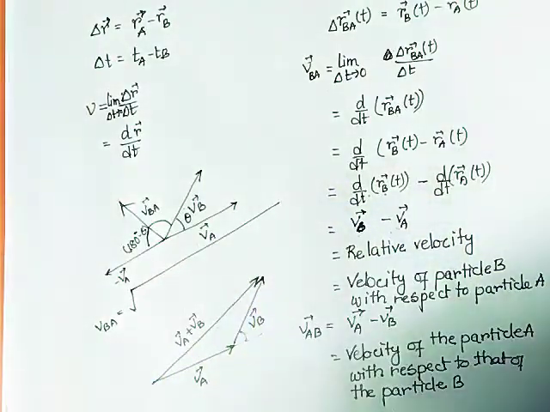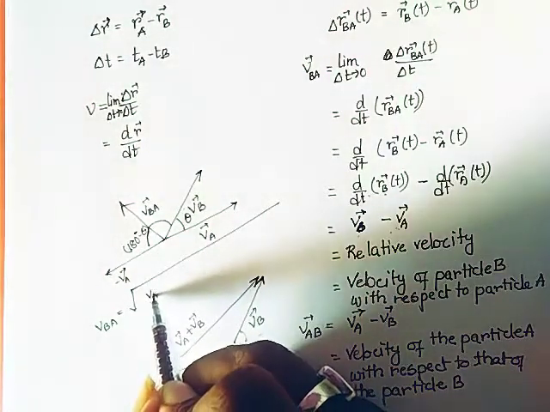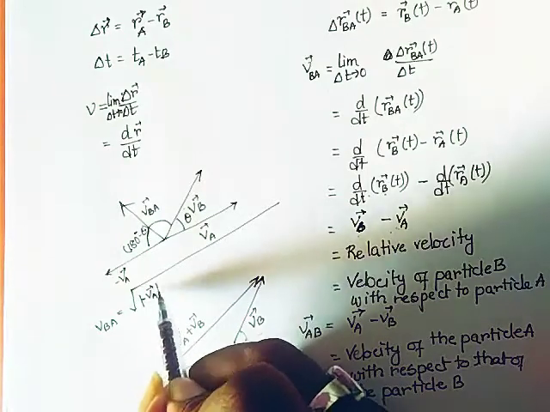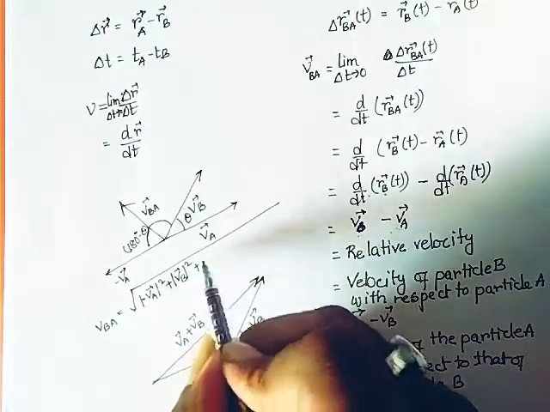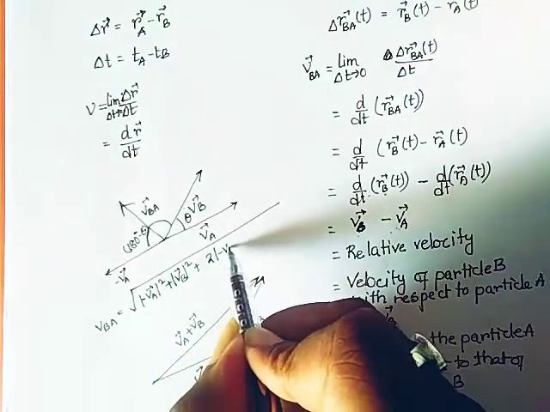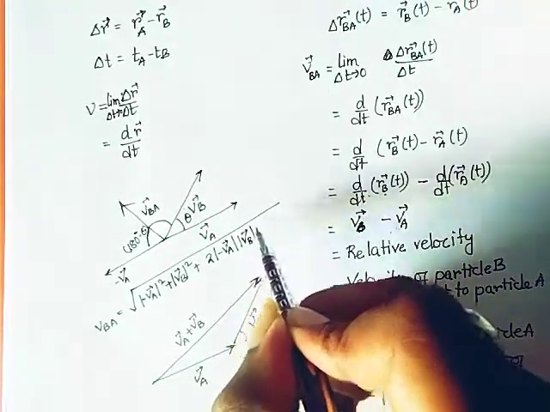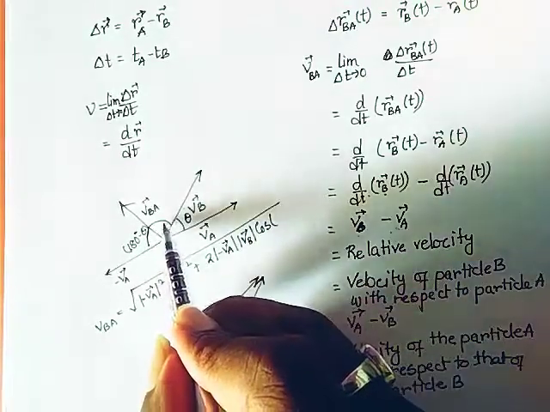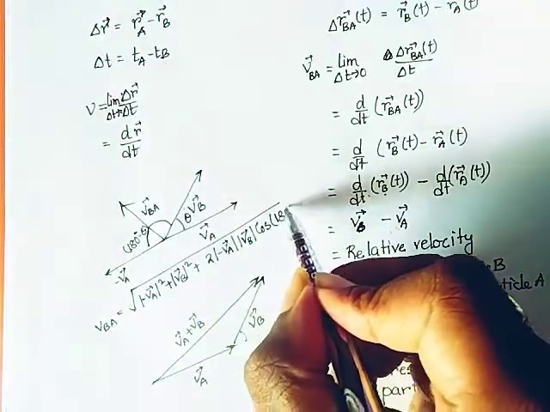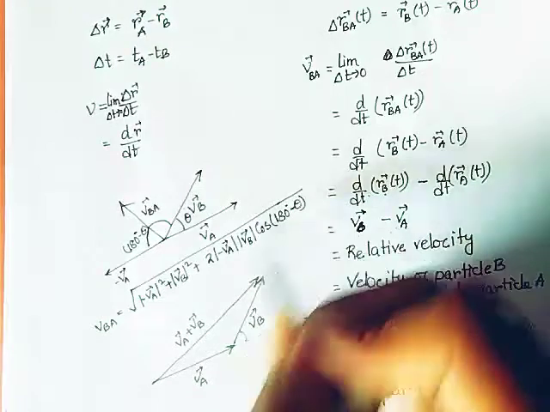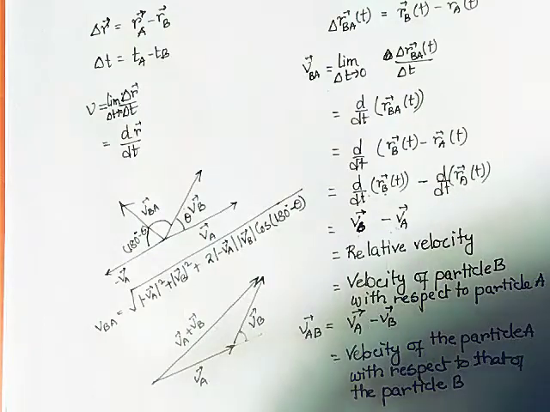We know that C equals root over of A square plus B square plus 2AB cos theta, and that will be VA magnitude whole square plus VB magnitude whole square plus 2 of minus VA and VB, obviously vector magnitude, after that cos, the angle between minus VA and VB, which will be 180 degree minus theta. So this is the expression of relative velocity if I want to find out the value of it.